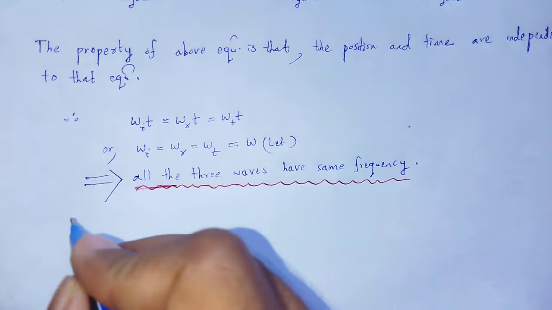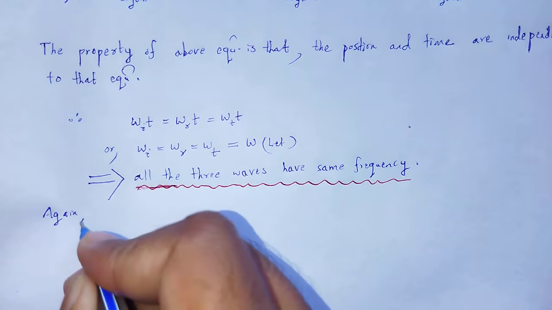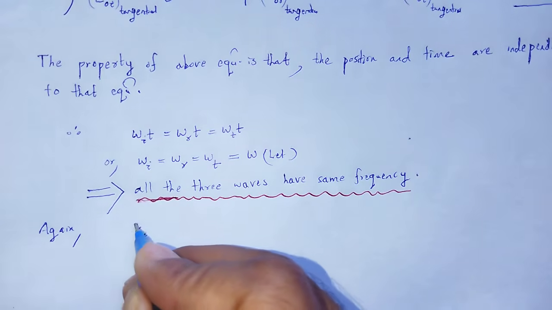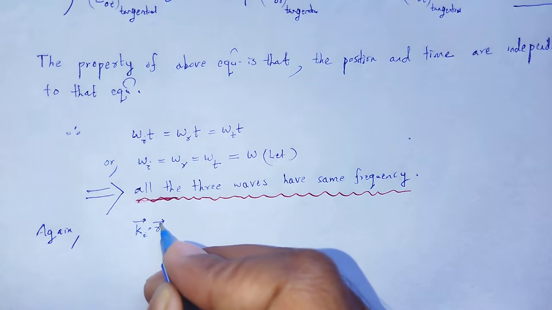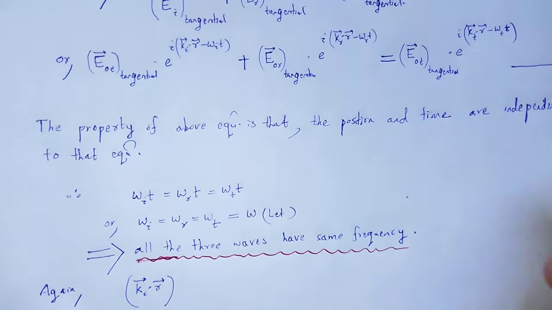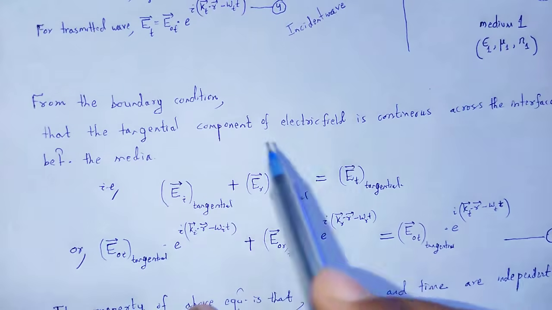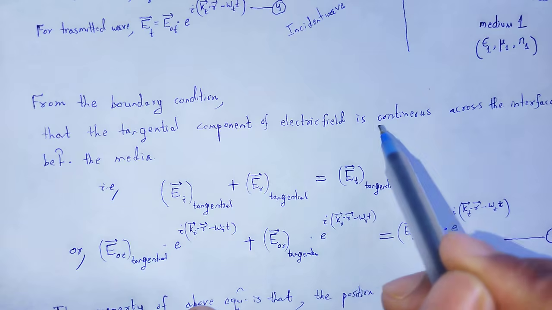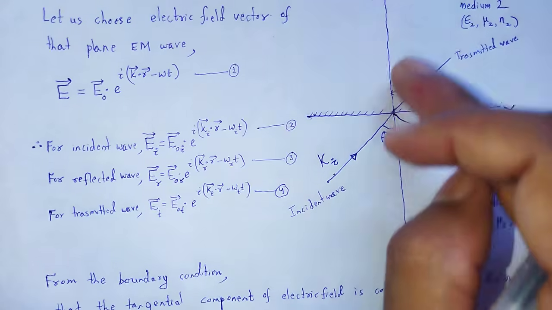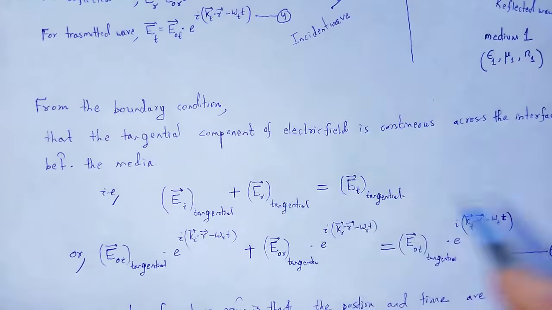Again, taking the position term as ki dot r, here we choose that interface, the component of electric field continuous across the interface between the media. Where is the interface? Whereas z is equal to 0.